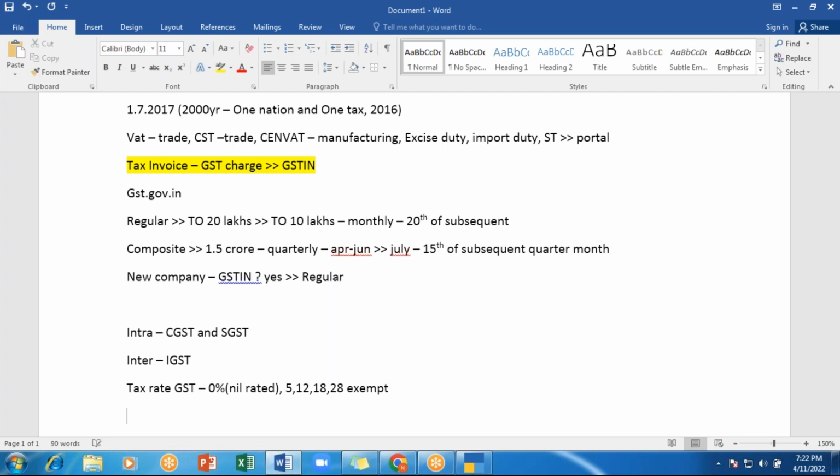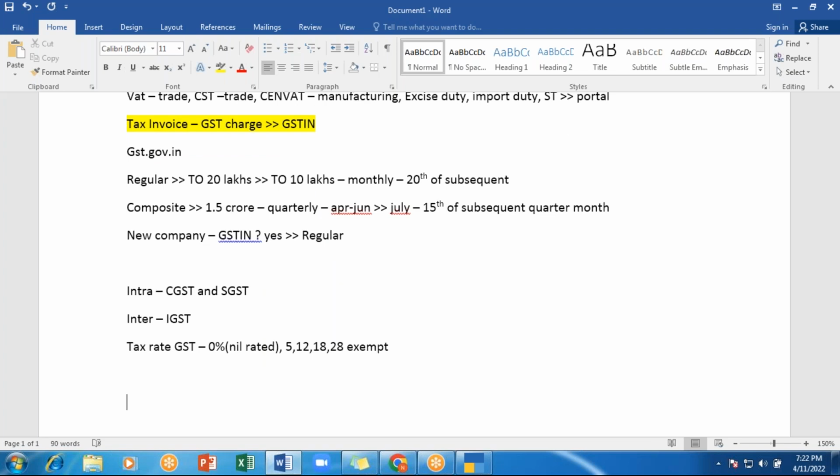Now, next, we have to understand how to pay tax. Suppose, let's assume that in the month of April, we'll discuss my total sales and purchases. It is not one transaction.